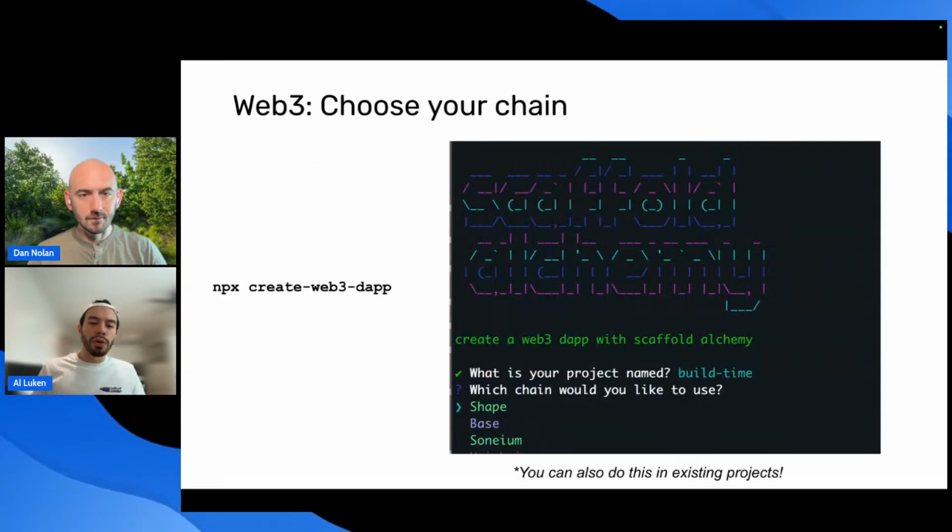All right, so yeah, you can choose your chain. The main thing highlighted here is, of course, Scaffold Alchemy as a whole. All the things we talked about, just run npx create web3 dApp, you're off to the races.